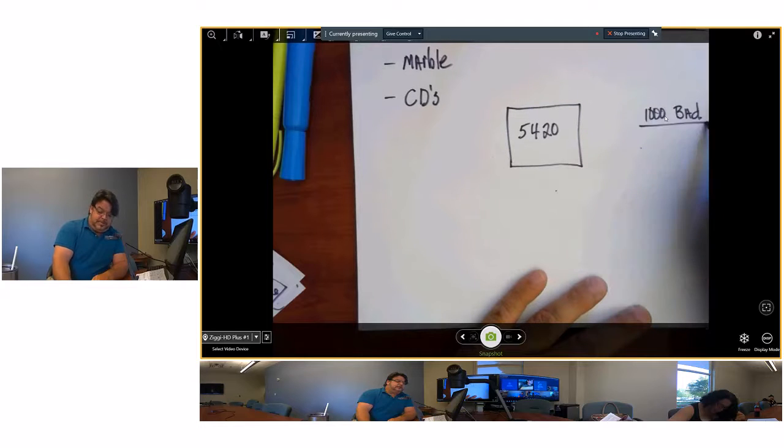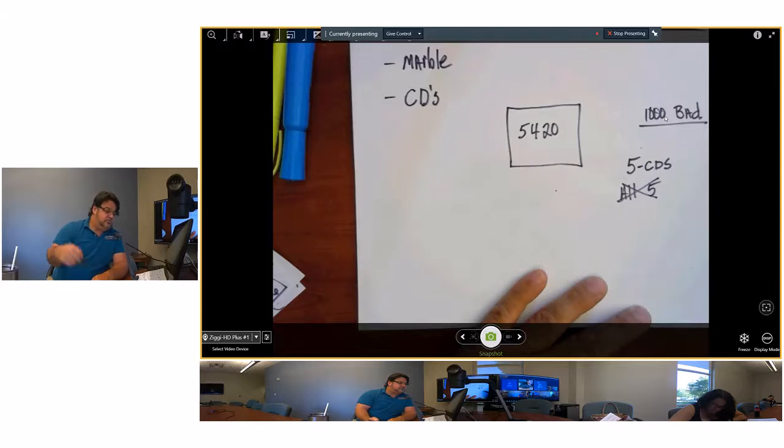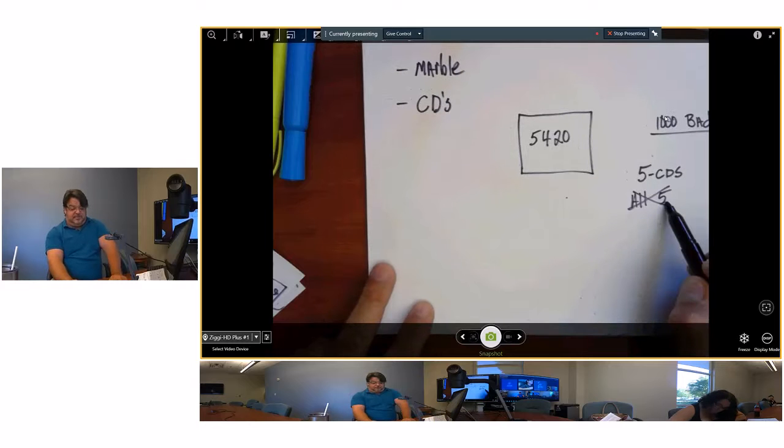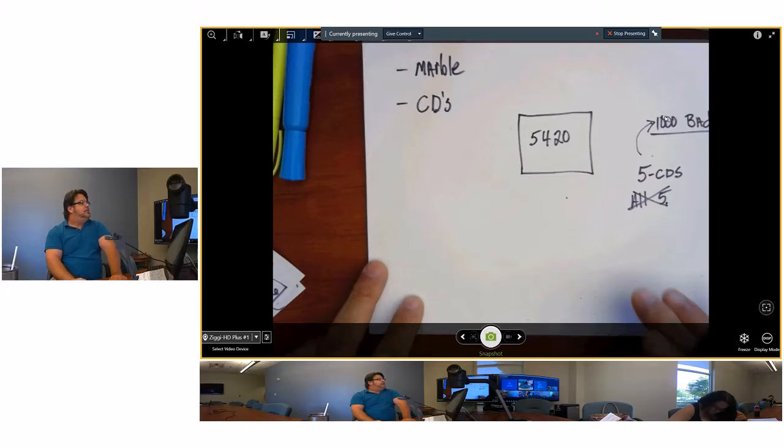But to test it, we're going to pick 5 CDs out of the box, and if all 5 are bad, then we're going to send the box back to be melted down and start over. Because if all 5 CDs are bad, that means that at least 1,000 are bad, and that's unacceptable.